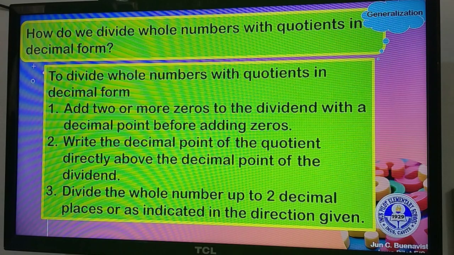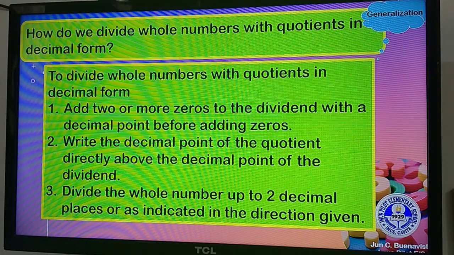So ulit, gagawin muna daw, maglagay ng decimal point, then maglagay ng 0. Then kung saan nilagay si decimal point, i-align din sa taas sa inyong quotient. So after that, you write the decimal point of the quotient directly above the decimal point of the dividend.